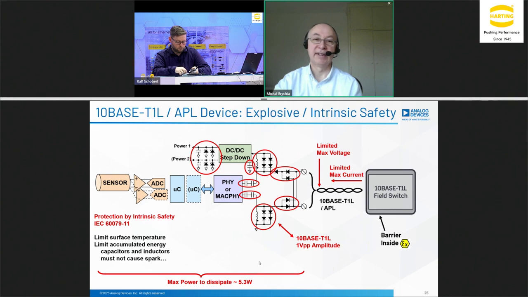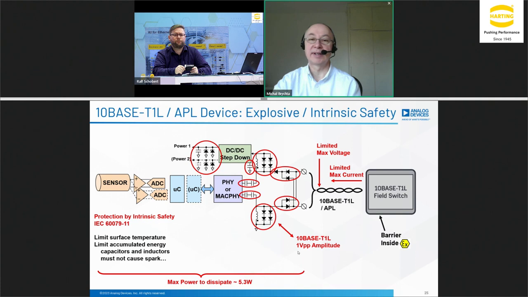If we take half a watt, it's half a watt working. It can be up to 5 watts in case the intrinsically safe barrier in the switch has failed. So there are lots and lots of design challenges, and we understand the challenges. One of the things is the 1 volt peak to peak amplitude, which is one of the 10BASE-T1L recognized standard amplitudes.